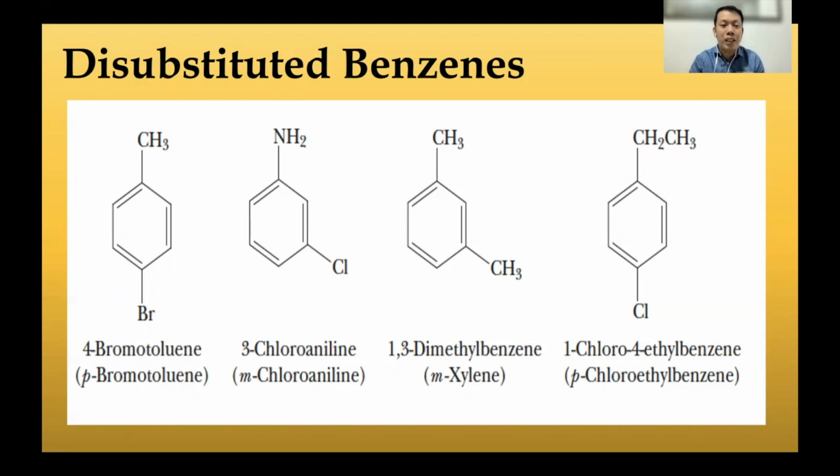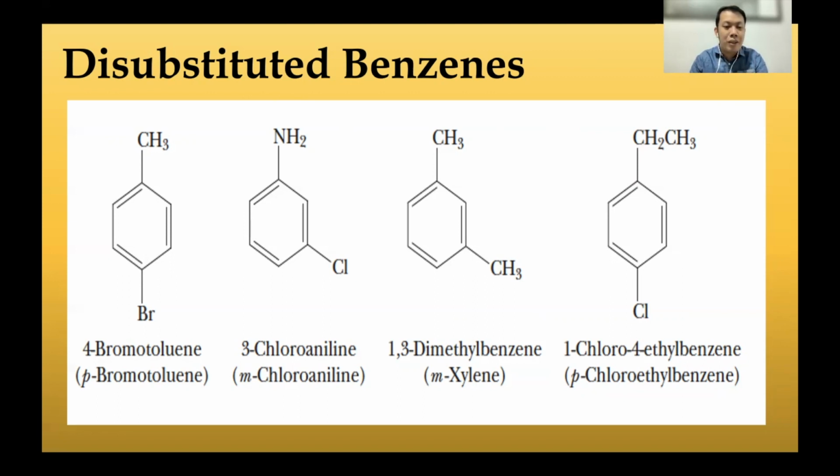But the point is that there will only be two substituents. Okay, so you have here on the left side of the screen, this is known as 4-bromotoluene. So 4-bromotoluene, why? Because it is a toluene. The number one carbon is the one that is attached to CH3, since that is a toluene.